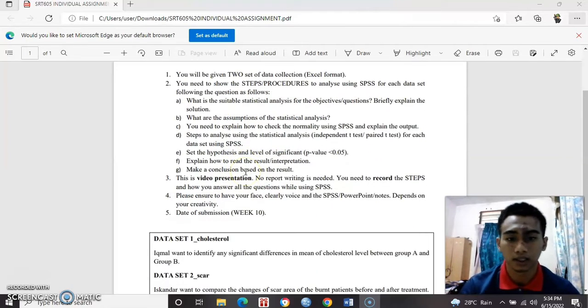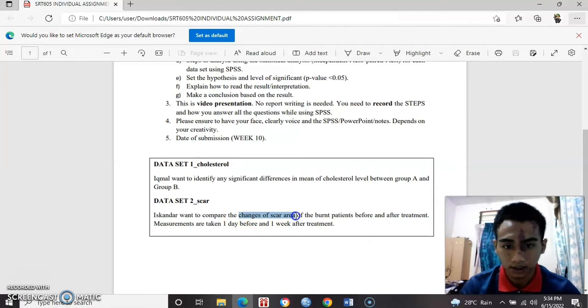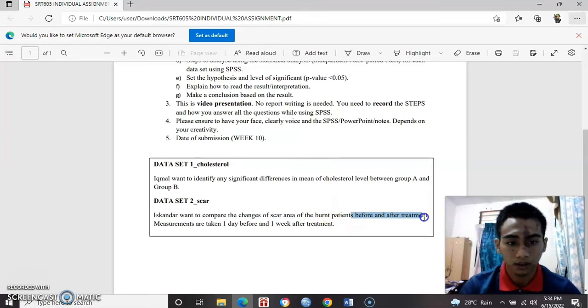First, we need to identify the dependent variable, independent variable, observation, and the description of the data. So the dependent variable is the change of the scar area, and the independent variable is before and after treatment.